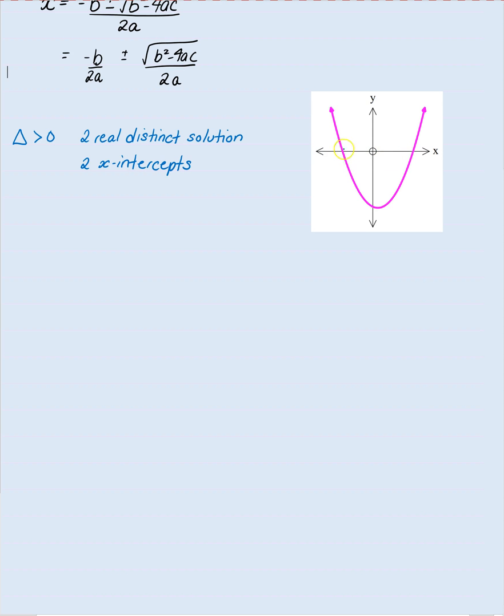Now I've just shown a graph that's got a happy face and it's got two x-intercepts like so. Obviously it could be upside down, it could be skinnier. It's just one example of infinitely many. When the discriminant equals 0, that's when we say we've got one repeated solution. Graphically, that's a situation where it's touching the x-axis.